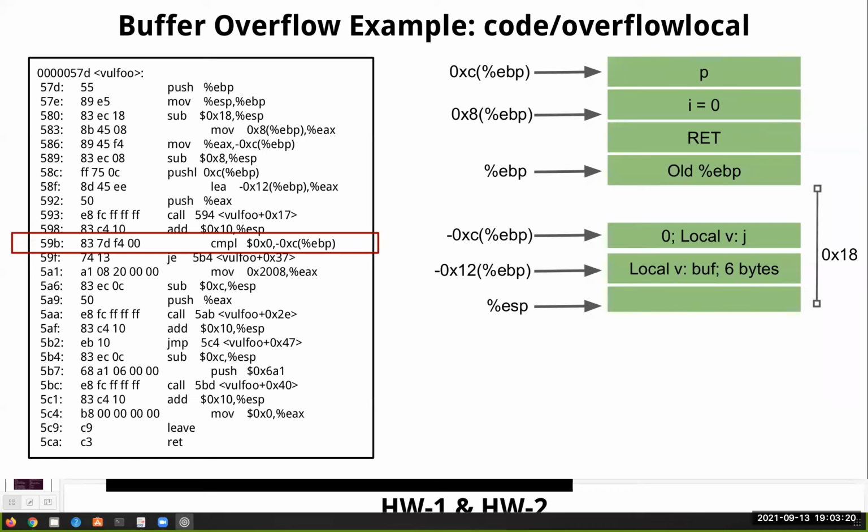If j has a lower address than buffer, the buffer cannot overflow j. Buffer can overflow other things, but cannot overflow j. So there is another approach, which I think is quite standard right now. At least several compilers support it: they can randomize the order of local variables.